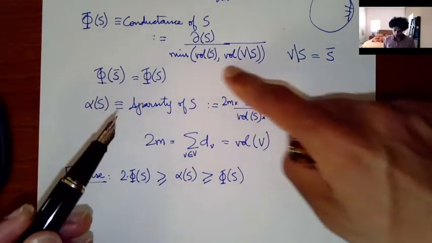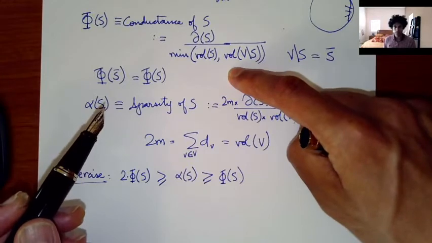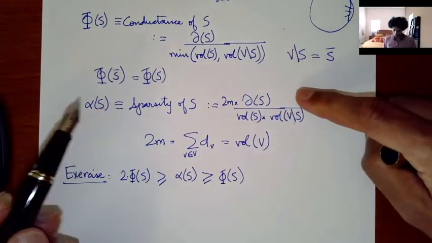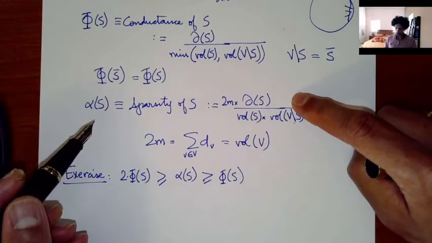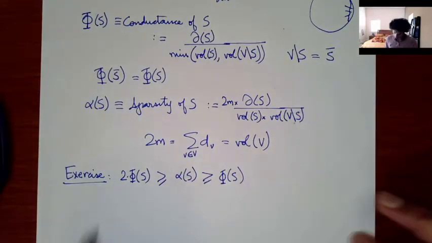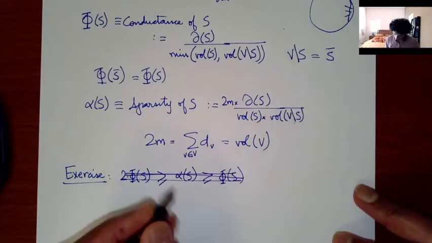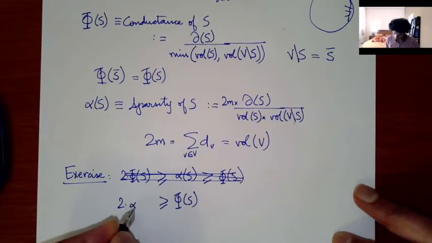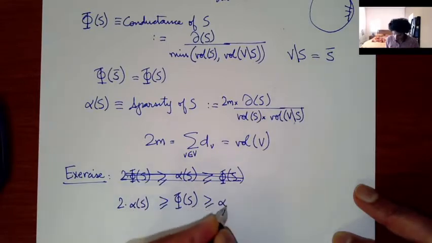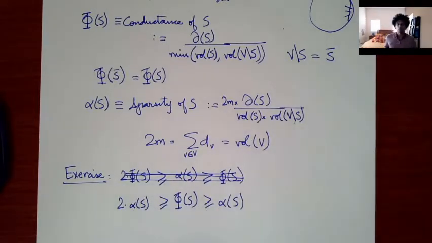Observe that when these are equal, then this is going to be essentially twice the conductance. I'm sorry, I've switched it. Is it at most 2 times alpha S? Alpha S. Okay, right. So the conductance and the sparsity are basically within a factor of 2 of each other, and we will be switching back and forth between them depending on which is convenient.